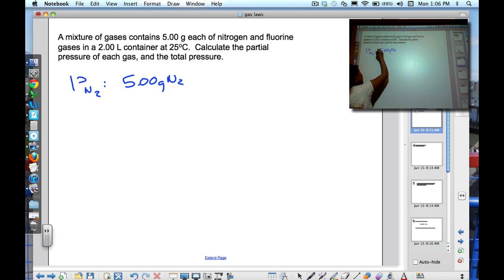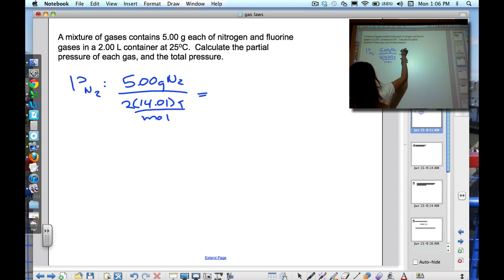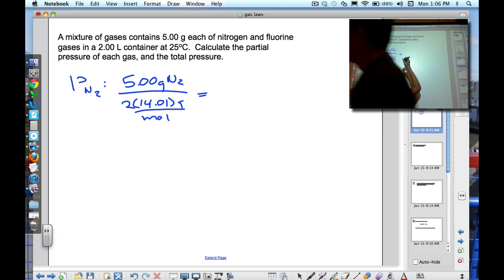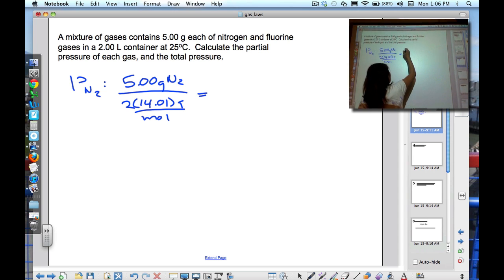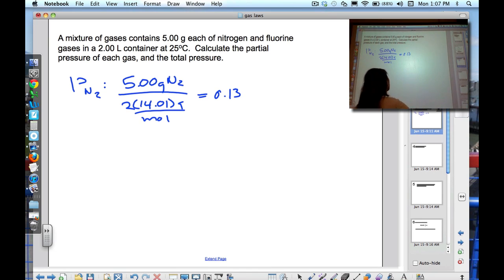And then you want to find the number of moles, so you would divide that by its molar mass, which is 2 times 14.01 grams per mole, to give 0.178 moles of N2.